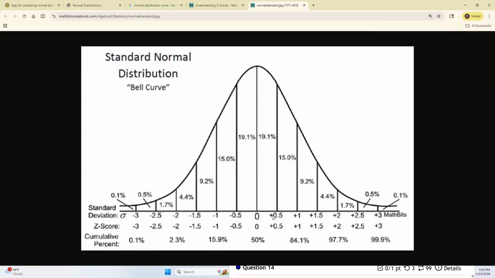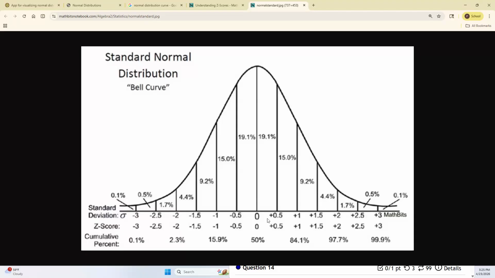So I could ask you, for example, here's a question. What's the probability of observing an X between 1 and 2 standard deviations above the mean? And you would say it's 9.2% plus 4.4%.